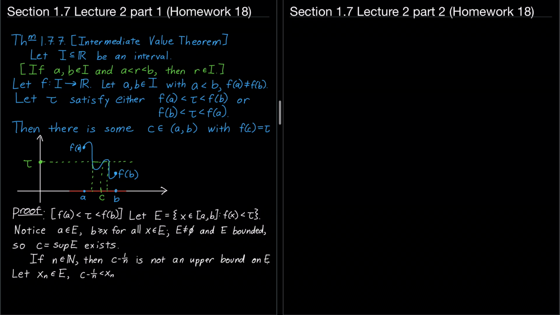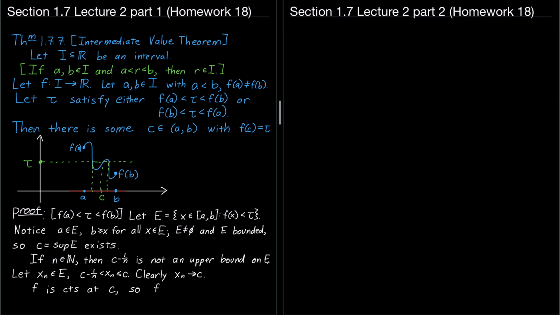If there wasn't one, C minus 1 over n would be an upper bound, but since C is the least upper bound, we can write it like that. And then clearly xn is converging to C, and f is continuous at C because f is continuous everywhere in this interval, but C is in this interval.